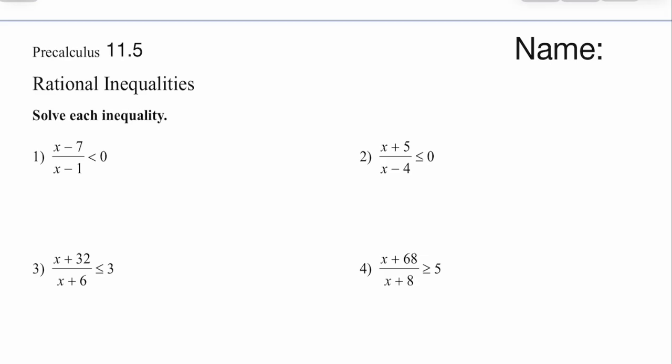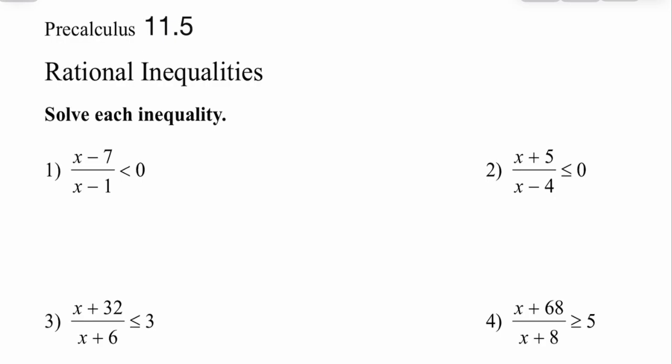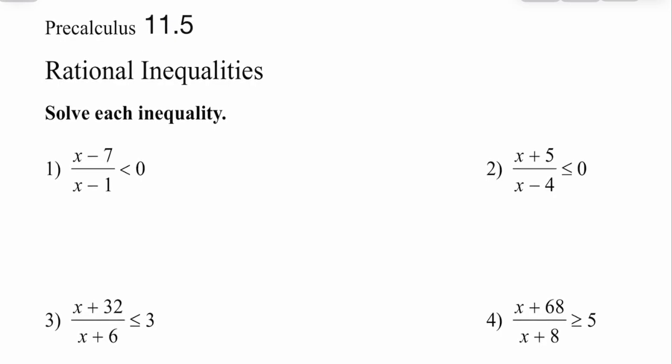So everybody, let's take a look at problem number 1. Now, you might notice that it's similar to what we did yesterday. The first thing that I want you to get in the habit of doing is putting the top and the bottom in parentheses, so those factors in the top and the factors in the bottom are really sticking out to you.